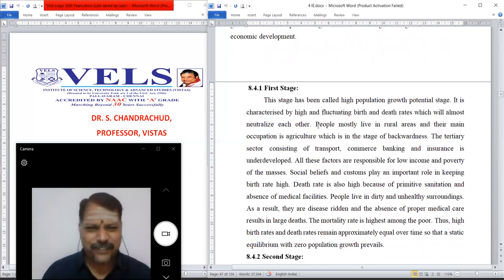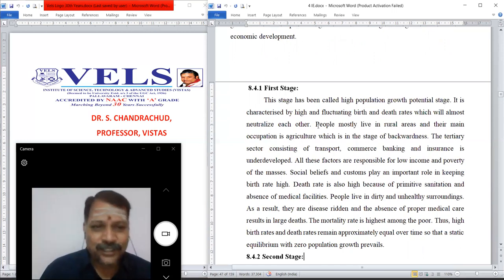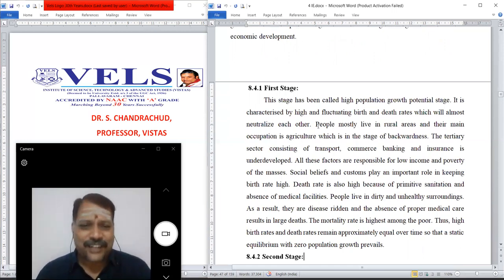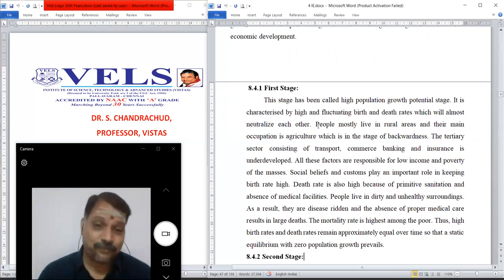People mostly live in rural areas and their main occupation is agriculture, which is the stage of backwardness. The tertiary sector, consisting of transport, commerce, banking, and insurance, is underdeveloped. All these factors are responsible for low income and poverty among the masses.